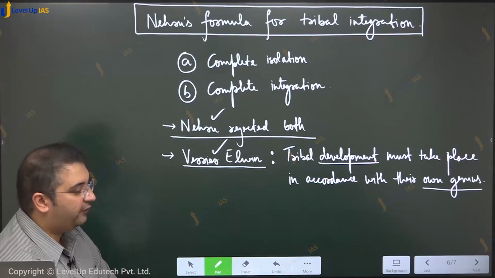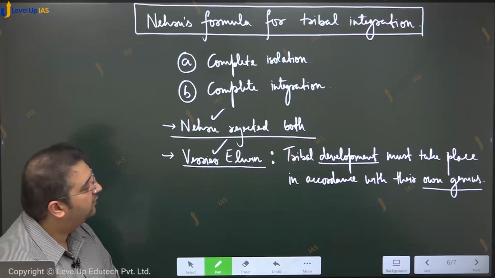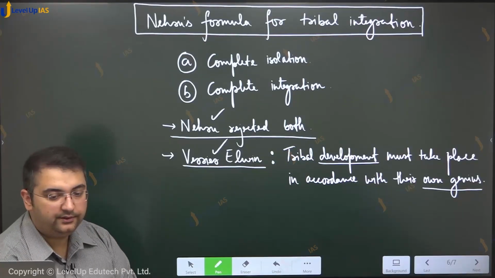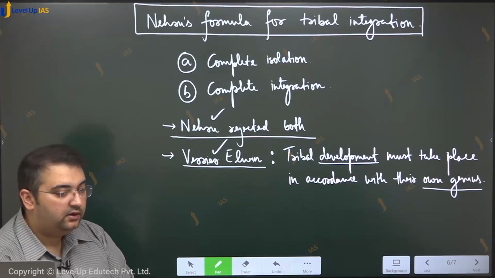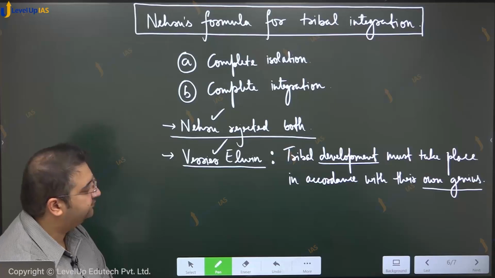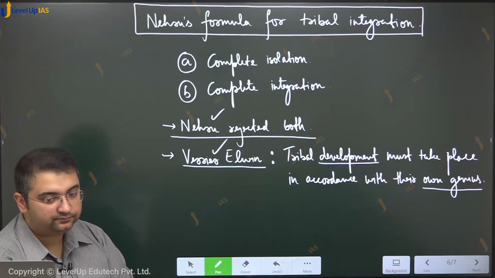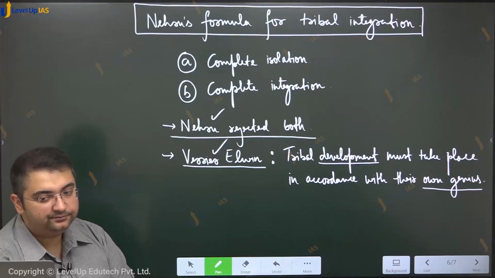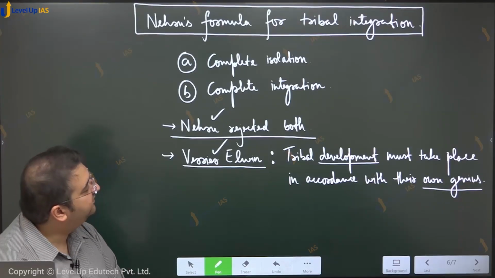Two positions emerged. A and B. A, to keep them completely isolated. B, to completely integrate them into mainstream society.